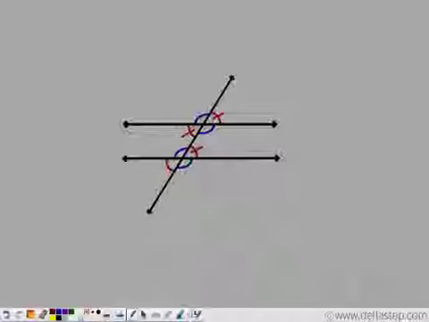So again these two are also equal. Now this and this form a pair of alternate exterior angles which are equal. So this is equal to this. So we see that all the red angles are equal. So all four red angles are equal.